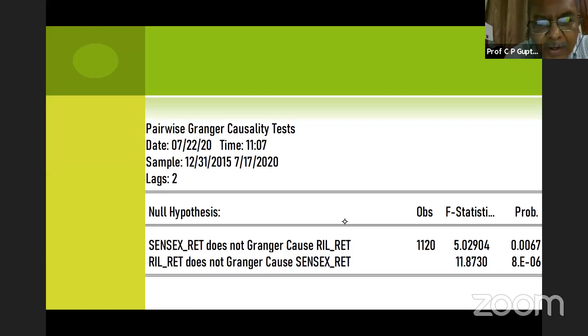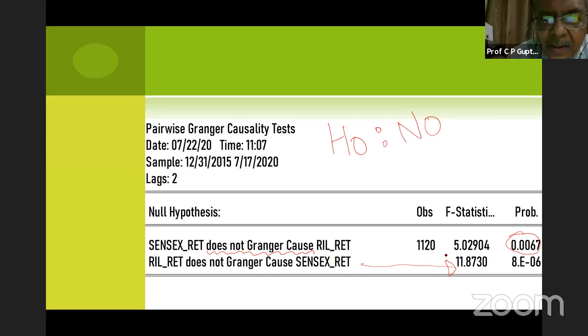Now you can see EViews is also using the terminology: Sensex does not Granger cause Reliance. So the null hypothesis is no Granger causality, and this is being rejected. Reliance return does not Granger cause Sensex. This is also being rejected. So friends, what does it mean?